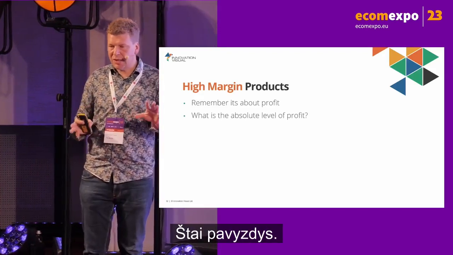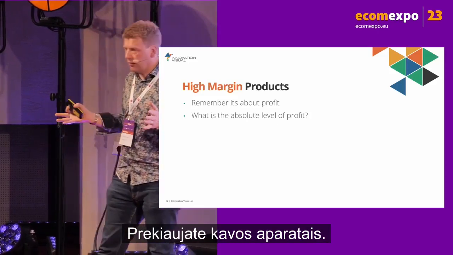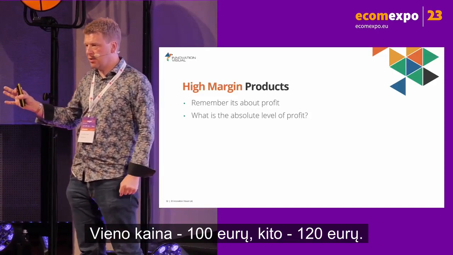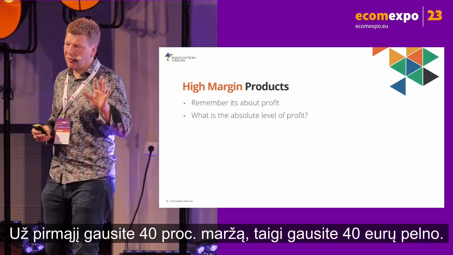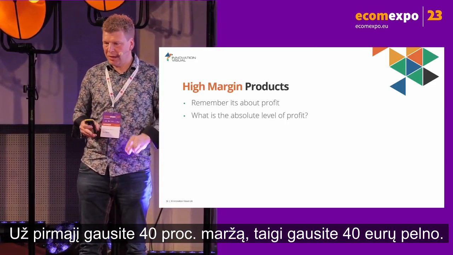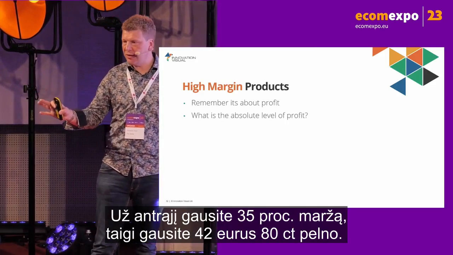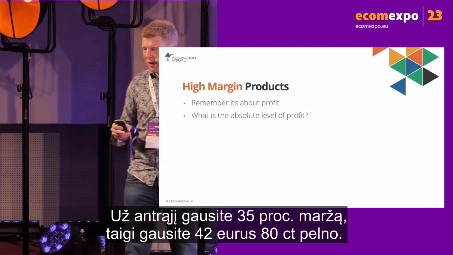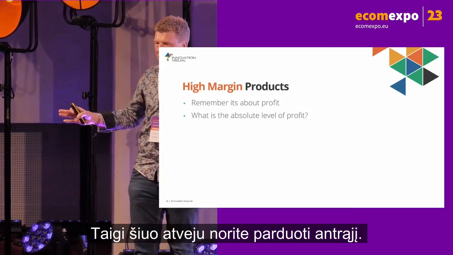So here's an example. You sell coffee makers. One is 100 euros, one is 120 euros. The first one, you get a 40% margin on, so you get 40 euros profit. The second one, you get a 35% margin on, so you get 42 euros 80 profit. So you want to sell the second one at that point.